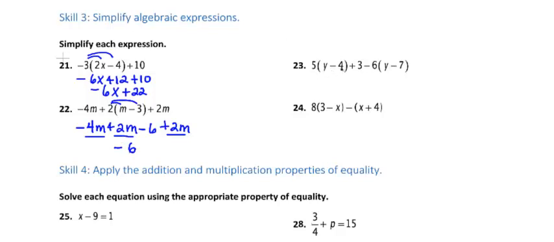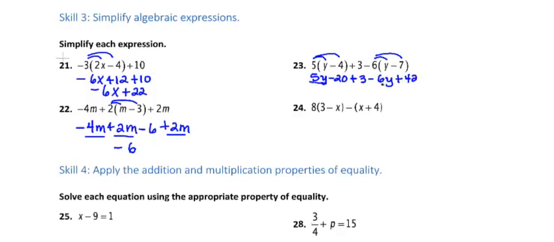5 times y minus 4 plus 3 minus 6 times y minus 7. We multiply first, by applying the distributive property, to get 5y minus 20 plus 3 minus 6y plus 42. Remember that a negative times a negative is positive.